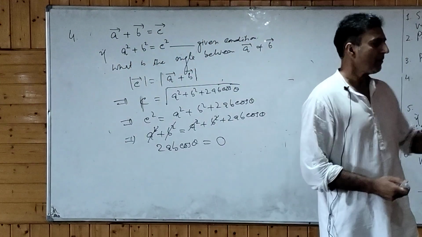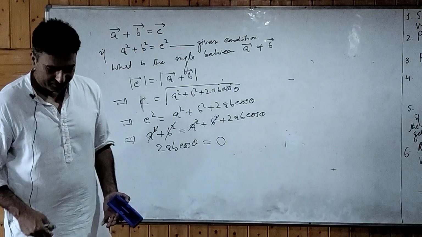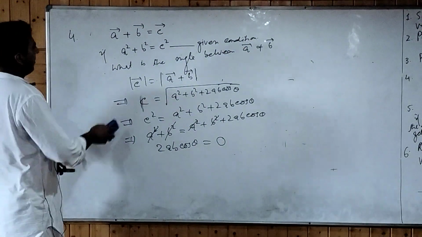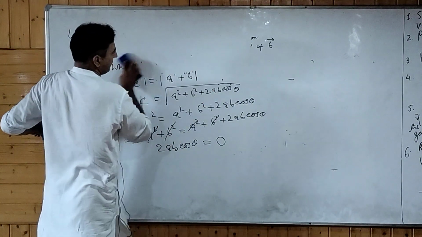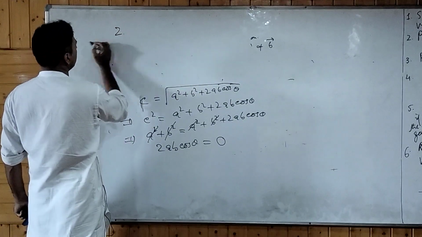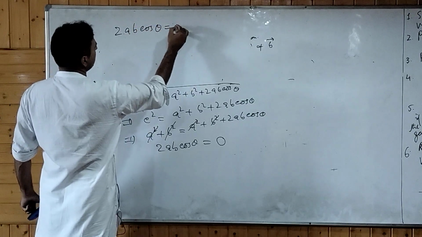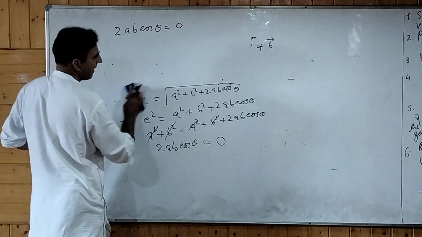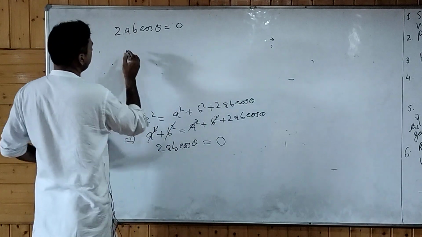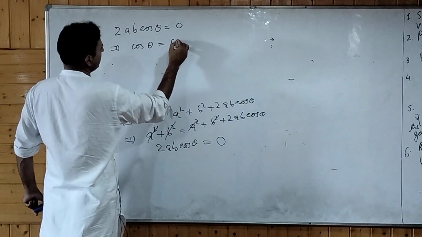So 2AB cos theta is equal to 0, and that will make cos theta equal to 0.